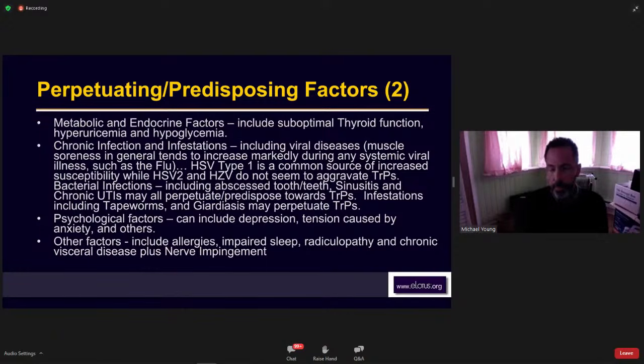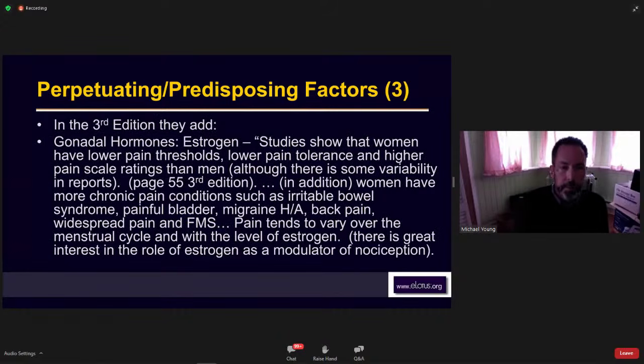Psychological factors: depression, tension caused by anxiety, others. And then allergies, impaired sleep, radiculopathy, chronic visceral disease, plus nerve impingement. So in the third edition, they add gonadal hormones, so estrogen, and I believe it was testosterone as well. You can read that over.